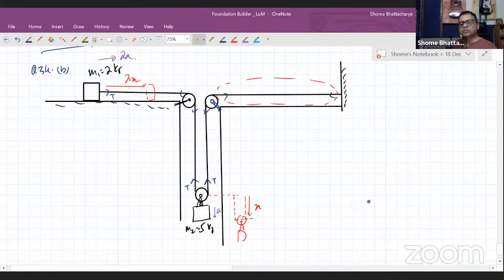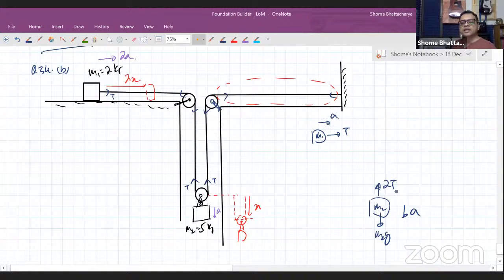Okay. So for the block M2, there is tension 2T acting upwards and acceleration a downwards. Whereas for the block M1, there is tension T acting horizontally and it has an acceleration of 2a.